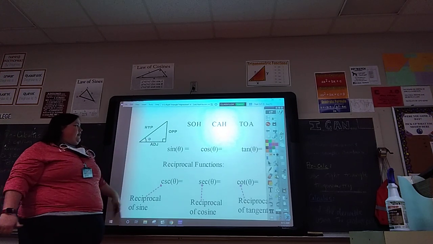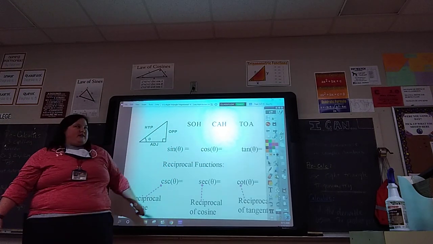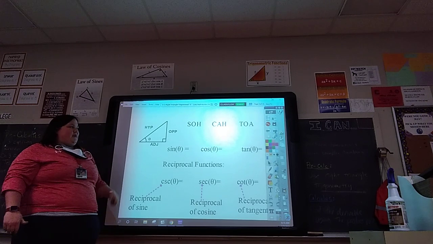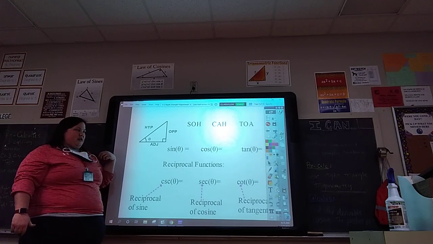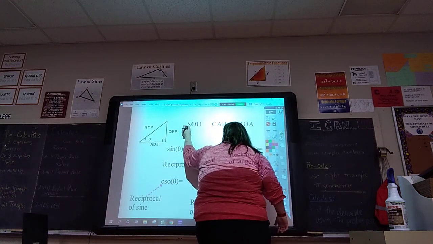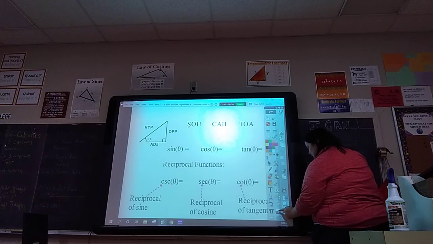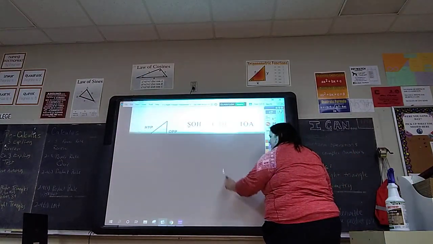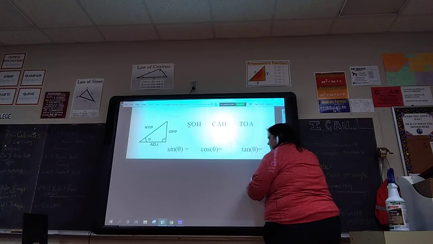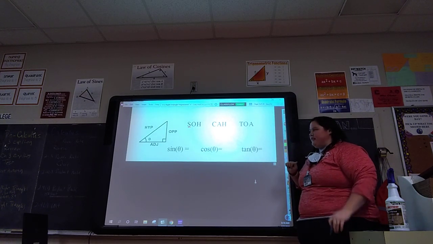So when you're writing out your ratios, we use the abbreviation SOHCAHTOA to help us figure out which sides correspond to which trig function. This is just with the first three, so help me separate it out. I know you guys have all this on your paper already, but to help separate it out, we're just focused on the first three to start with.